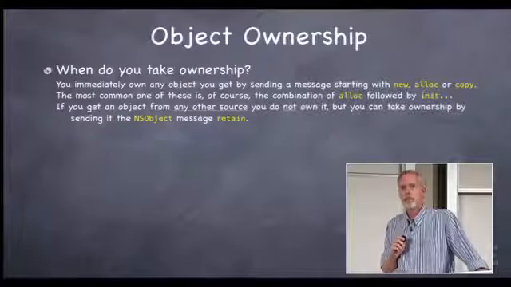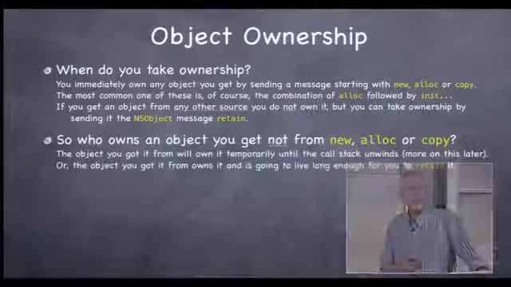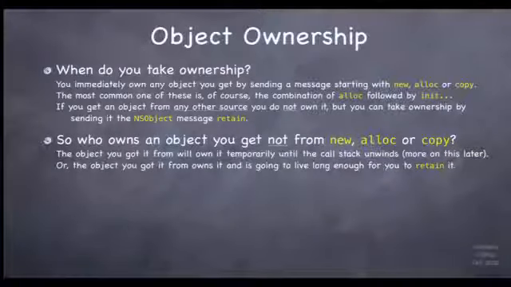Yeah? What if 2 objects retain each other, but then no other objects own them? Yeah, so the question is, what if I have 2 objects and they're each owning each other and no one else owns anything? Well, as long as they continue to own each other, neither of them will ever get deallocated. One or the other of them is going to have to give up their ownership of the other one for it to go away.